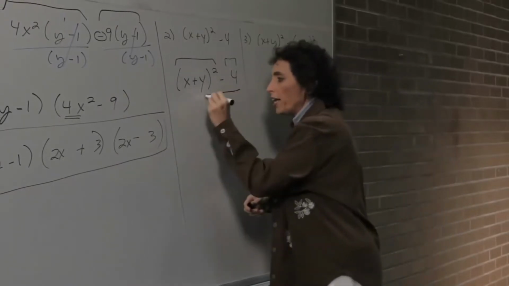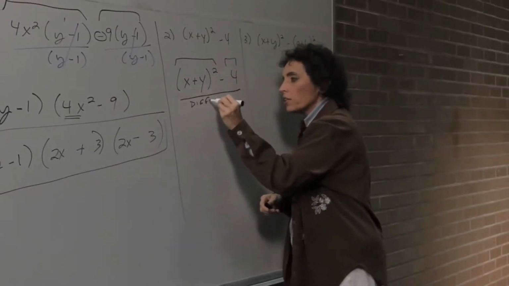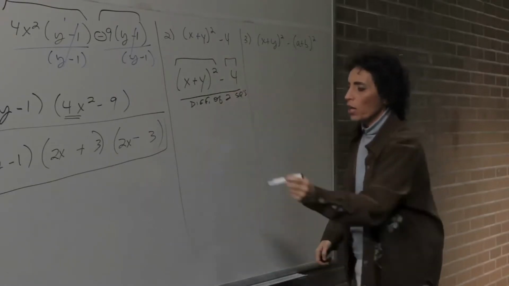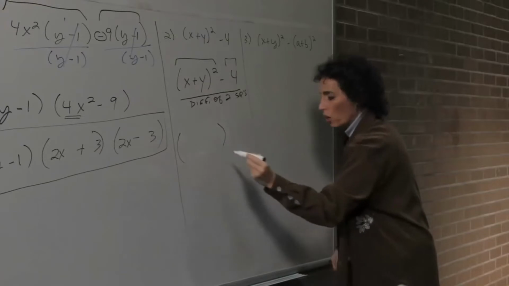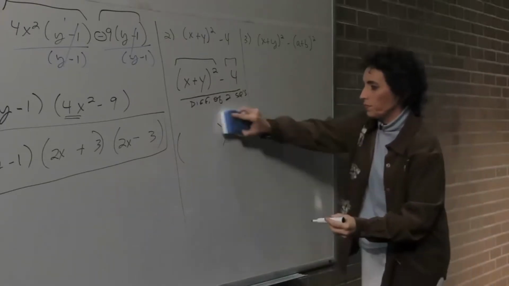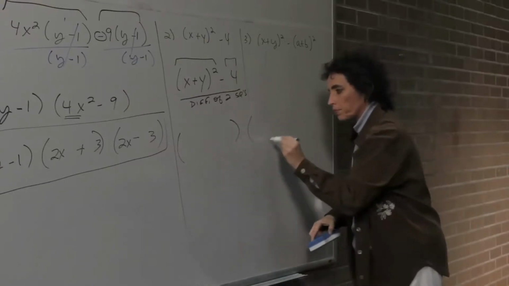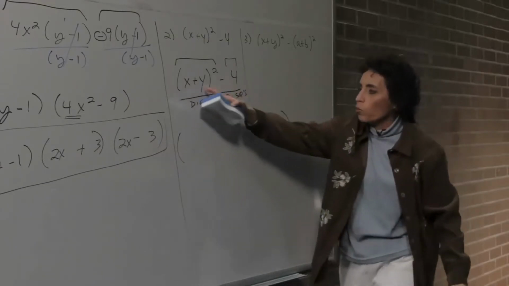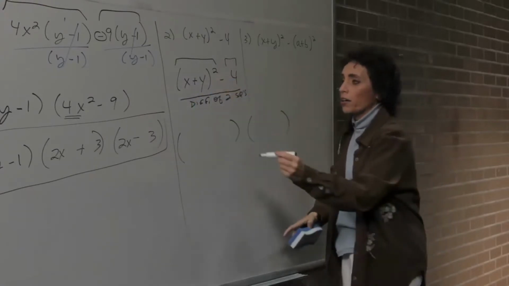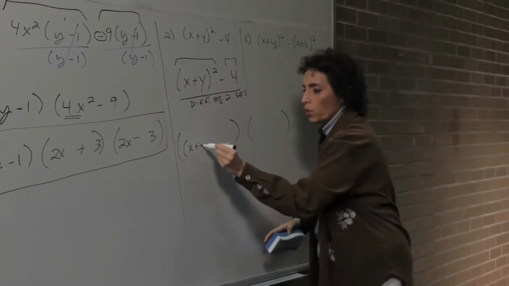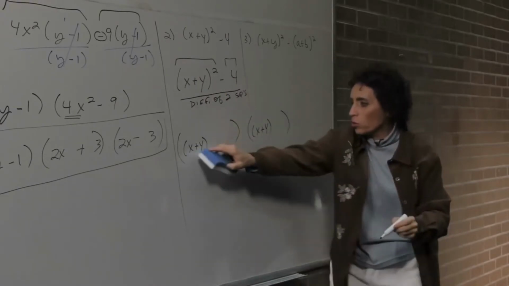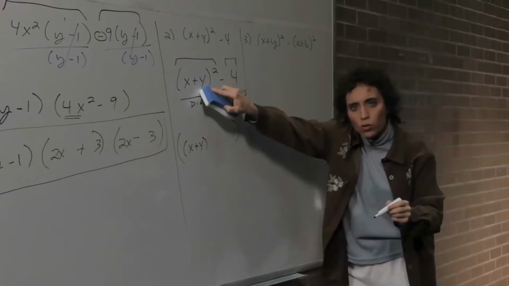So this whole thing is the difference of two squares. Watch what we're going to do. I make these a little bigger. We have to say what times itself is going to give me x plus y quantity squared. Well, that's just x plus y. Because x plus y times x plus y is x plus y quantity squared.